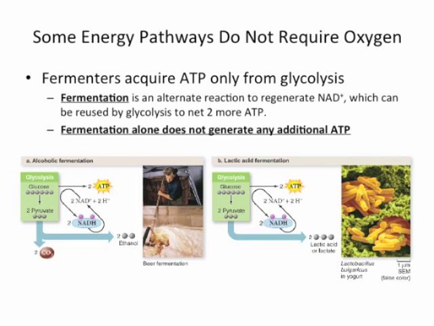So fermentation, or fermenters, so organisms that do fermentation, will acquire their ATP only from glycolysis. So glycolysis, which is this process, you have glucose being converted to pyruvate, and in the process you make a little bit of ATP.